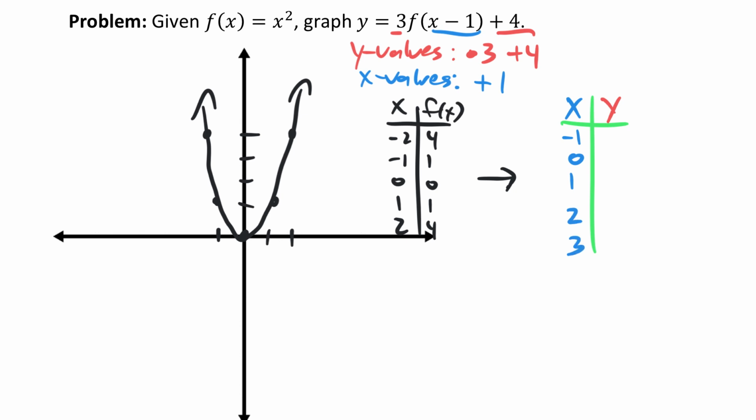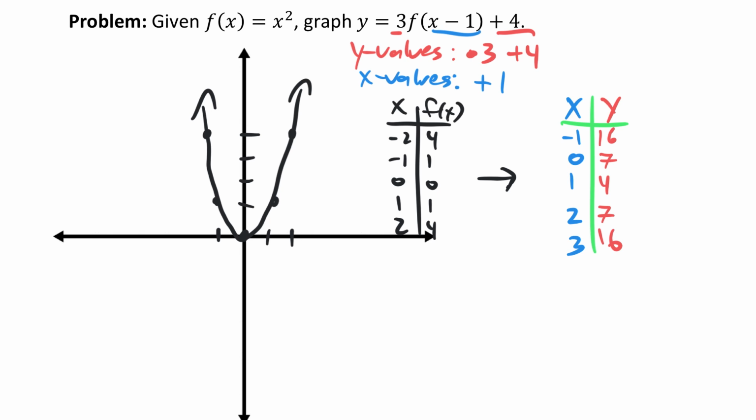For the y values, we multiply by 3 and add 4. So 4 times 3 is going to be 12 plus 4 is 16. Then 1 times 3 is 3 plus 4 is 7. 4, 7, 16.